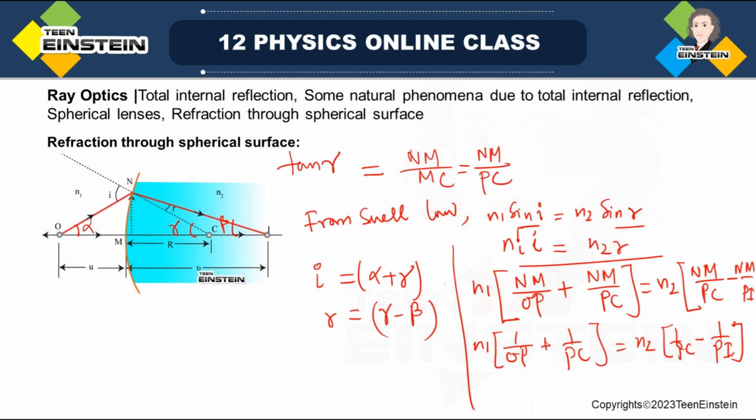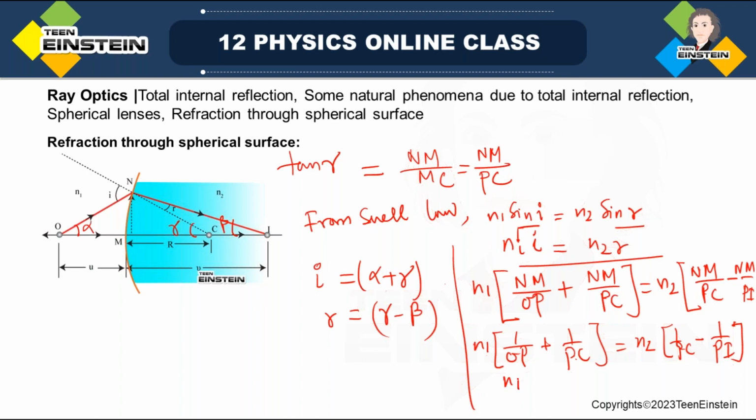Okay, now if we do further simplification, like PC and PC I'll just bring together. See, PC and PC, this is this PC. So N2 minus, I'll take them there.